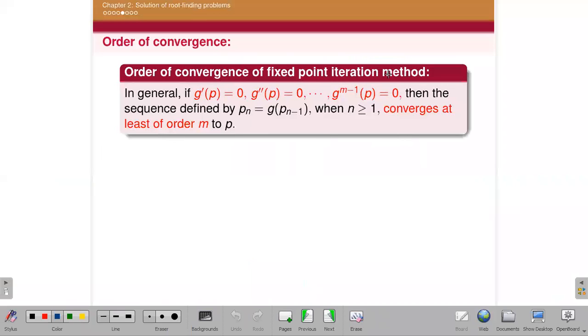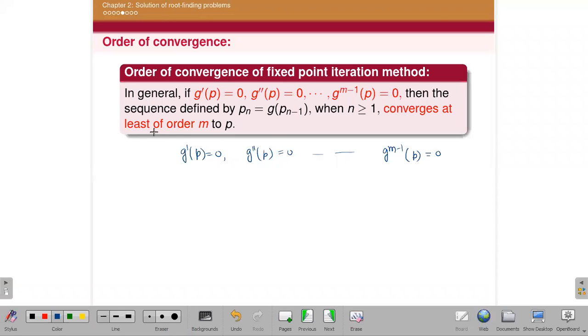If order of convergence of fixed point iteration method, here if you take g dash p is equal to 0, double derivative is equal to 0, m minus 1 derivative equal to 0, means up to m minus 1 derivative at p, this function is 0. So then the sequence defined by Pn is equal to g of Pn minus 1 converges at least of order m to p. So it means if you are writing g dash p equal to 0, double derivative equal to 0, and I'm taking g m minus 1 derivative at p equal to 0.